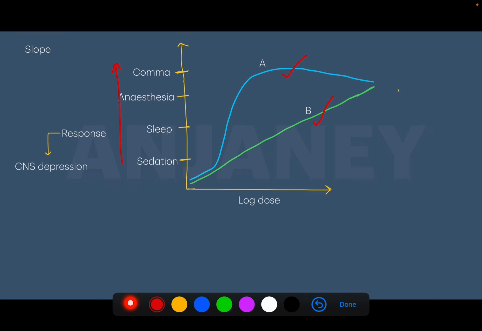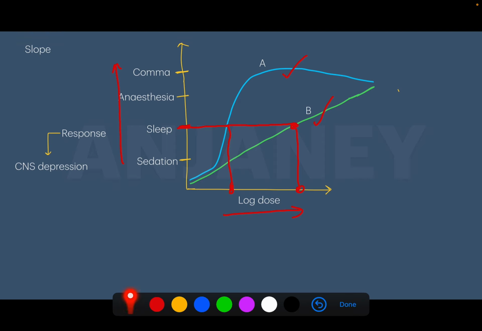Now, see, if I increase the dose, I want that my patient should get sleep, not coma or anesthesia. I want sedation or sleep in my patient. So here, the drug B will give me sedation at this dose, and drug A will give me sedation at a low dose. So I should ideally use drug A. Why?